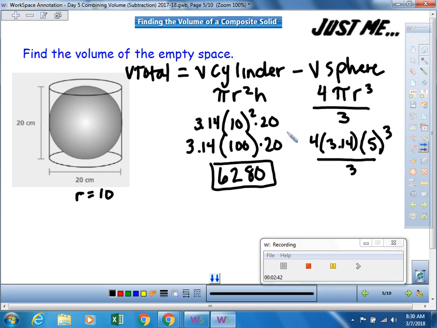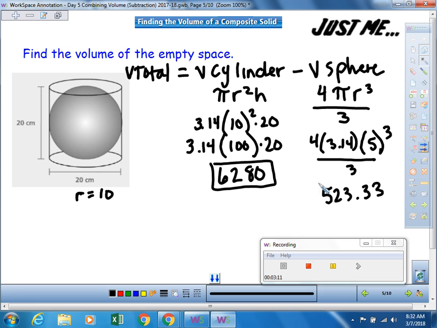Okay, so you can put in your calculator 4 times 3.14 times 5 cubed, shift arrow, divided by 3. 523.33, just round to the hundredths.